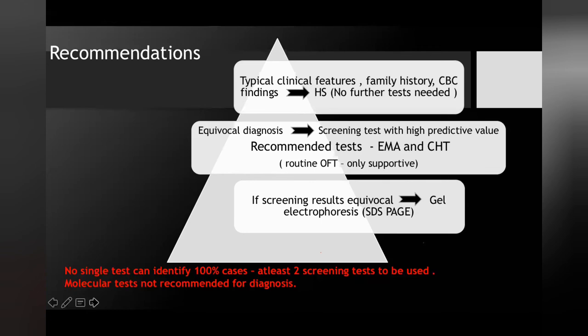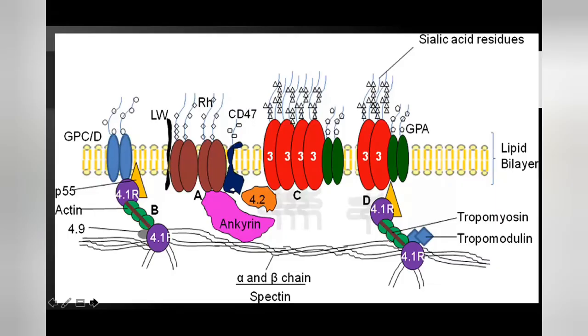Now suppose your screening test is also equivocal, then you need to do a gel electrophoresis, which can be an SDS-PAGE gel electrophoresis. The use of molecular tests is not recommended for diagnosis of hereditary spherocytosis. So now talking about the EMA dye binding test, or the eosin-5-maleimide dye binding test.